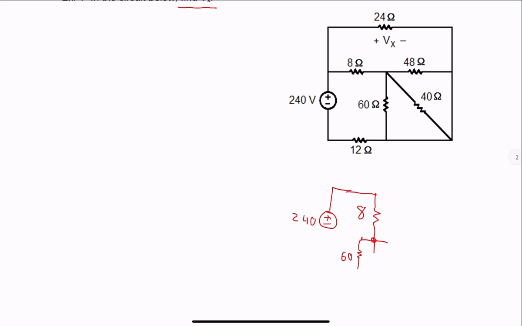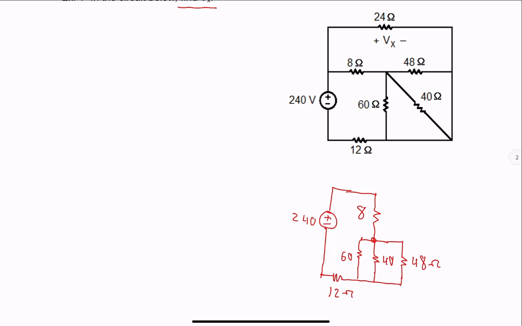60, 40, and 48, connected to a 12 ohm resistor and going back to the source.